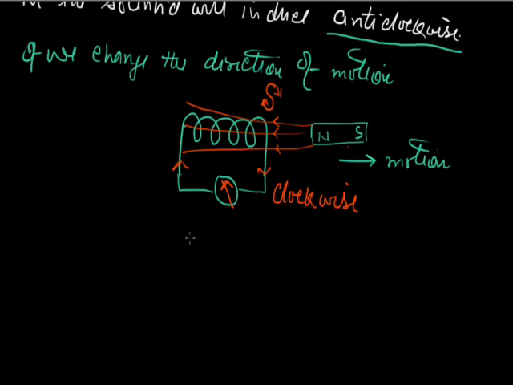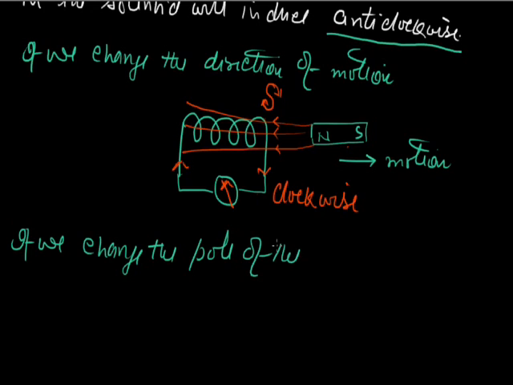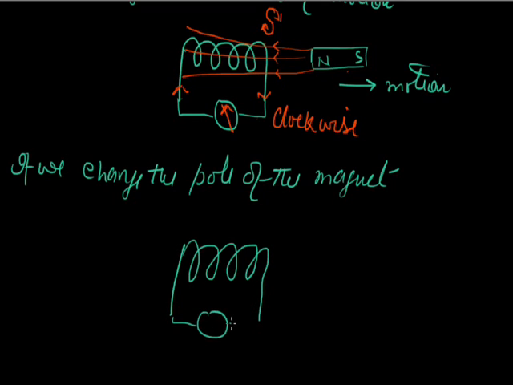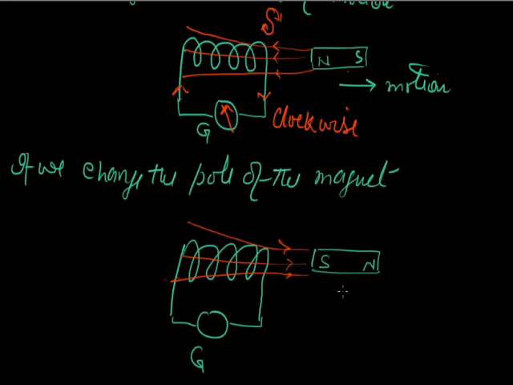Now if we change the pole of the magnet, this one is the solenoid connected to a galvanometer. This is the magnet. Here is the south pole, here is the north pole. These are the magnetic lines of force. Here is the motion. Again, the distance between the magnet and solenoid is decreasing. It is assumed that there is attraction between the magnet and the solenoid.